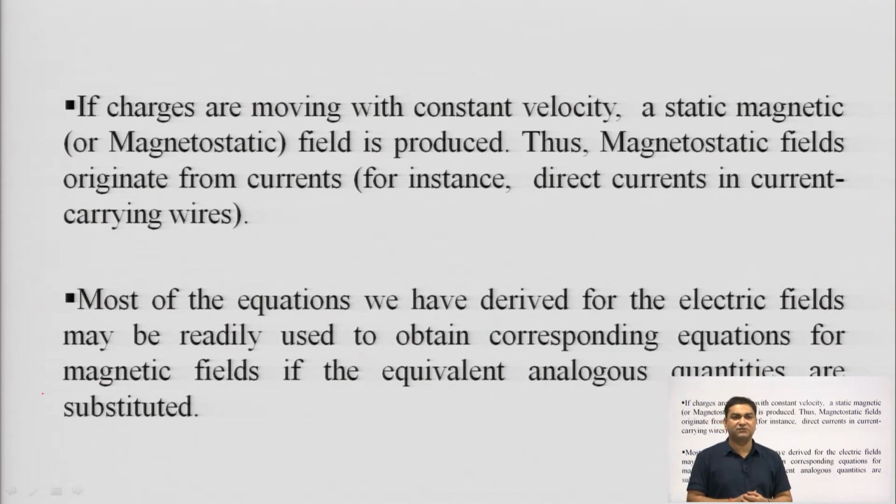Most of the equations we have derived for the electric fields may be readily used to obtain corresponding equations for magnetic fields if the equivalent analogous quantities are substituted. Further, when we discuss the different parts of magnetic field, we see that a large number of equations which we already used in the electrostatic field will be given in a different manner.